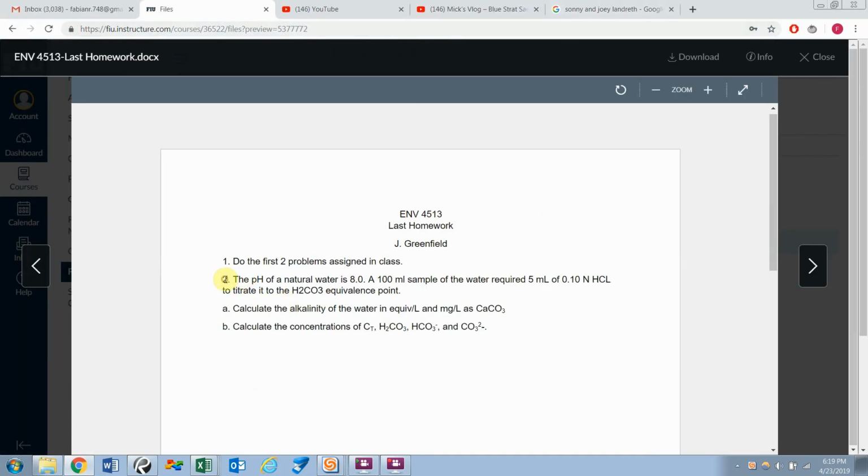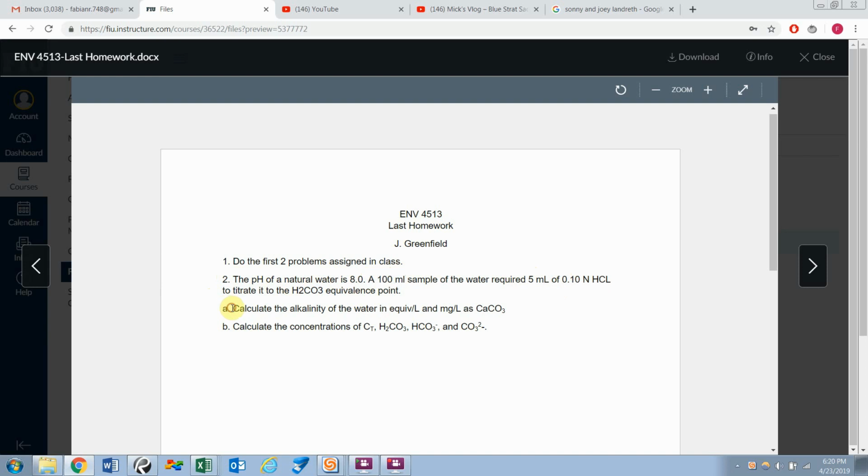So it says the pH of a natural water is 8.0. A 100 milliliter sample of the water required 5 milliliters of 0.10 normal HCl to titrate it to the H2CO3 equivalence point.